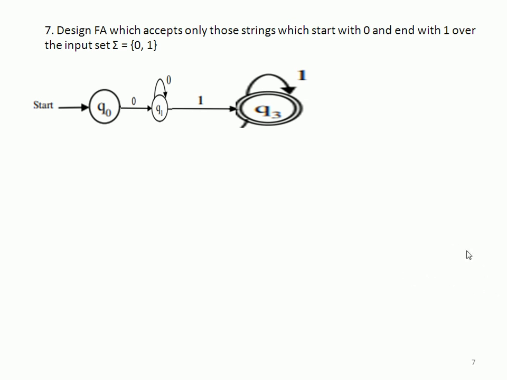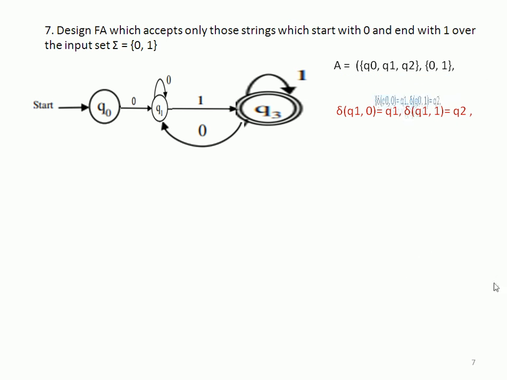Our set of states Q will become Q0, Q1, Q2. Three states are there. Delta of Q0, 0 is Q1. Delta of Q1, 0 is equal to Q1.